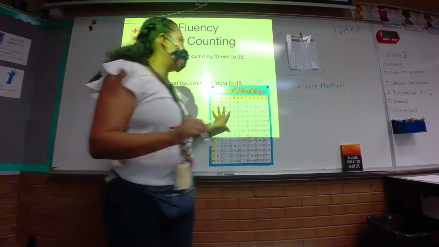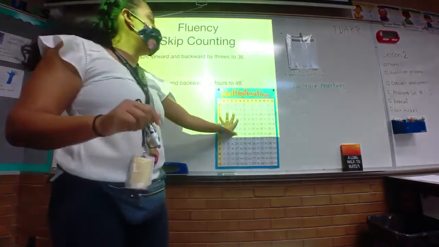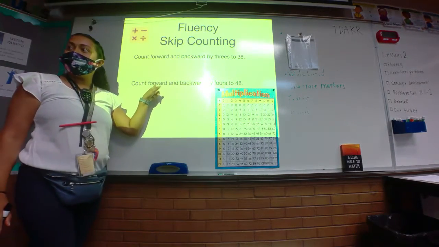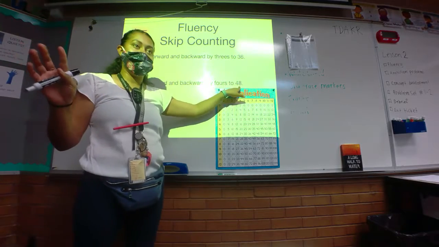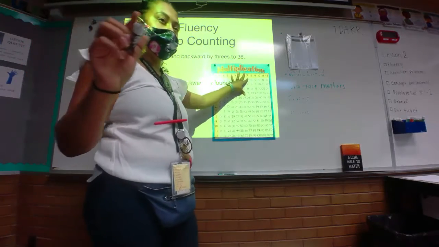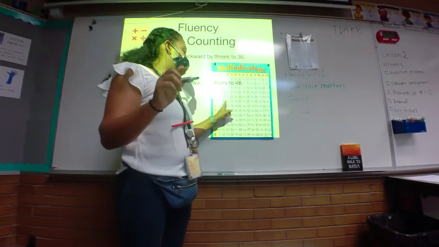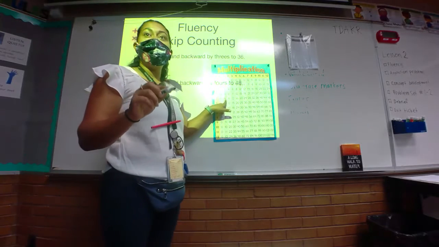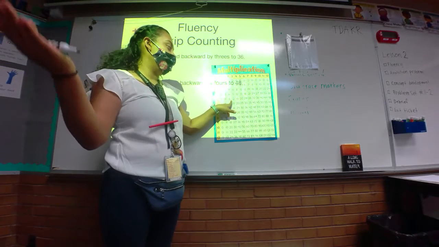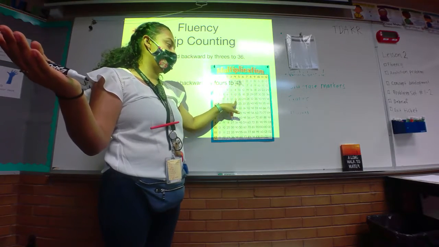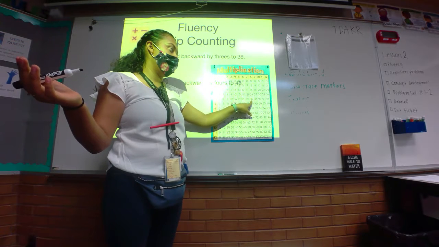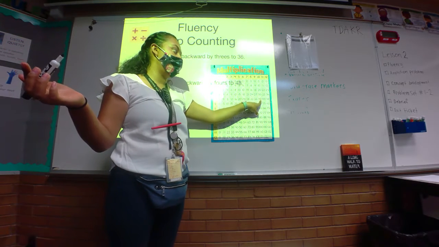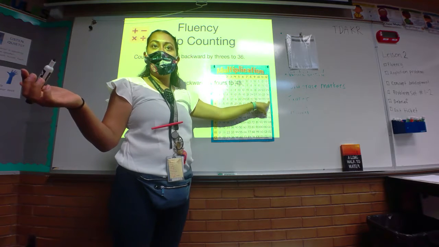Stop. Nice. Okay, now we're going to count forward and backward by 4s. And we're going to stop at 48. Ready? Okay, starting at 4. Ready? Go. 4, 8, 12, 16, 20, 24, 28, 32, 36, 40, 44, 48.